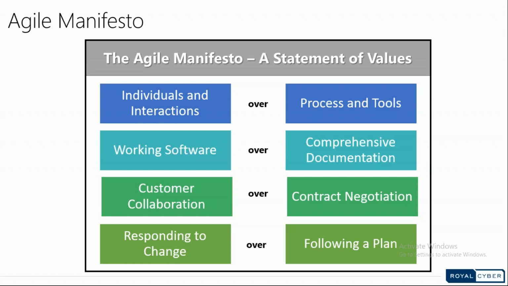It mainly focuses on how quickly we respond to change, rather than coming up with a plan and delivering a full-fledged product at the end, where the user sees it, and if any change is required, you have to go through the change request process. Agile instead focuses on delivering the product in cycles so that we can get user feedback immediately, improve the product, and deliver working software to the customer frequently.